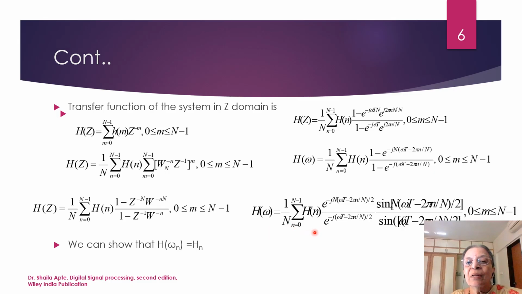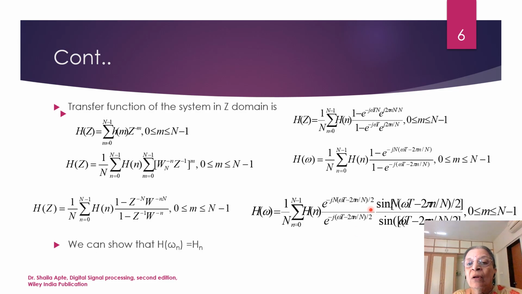So H(omega) can be written as the summation of H(n) sine(n omega t minus 2 pi n upon capital N divided by 2) divided by sine(omega t minus 2 pi n divided by N by 2), where n is varying from 0 to N minus 1.